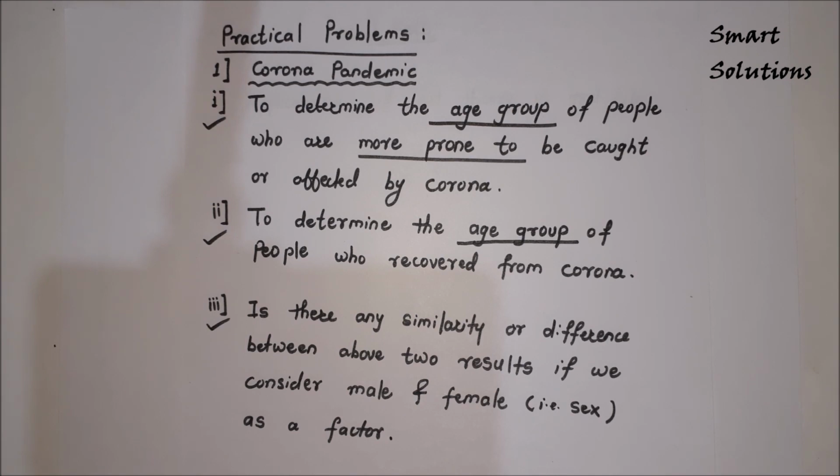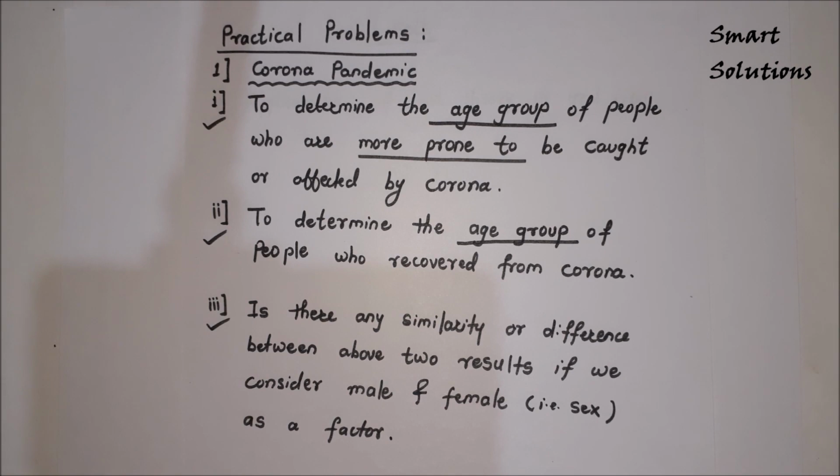So what we want to find out is what is the age where you will not be caught by corona or you will be caught by corona. So that is the first thing that we will be understanding by our first statement.